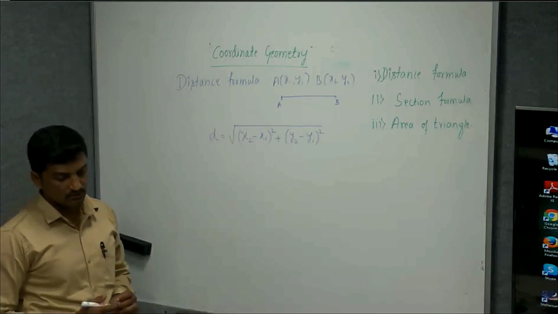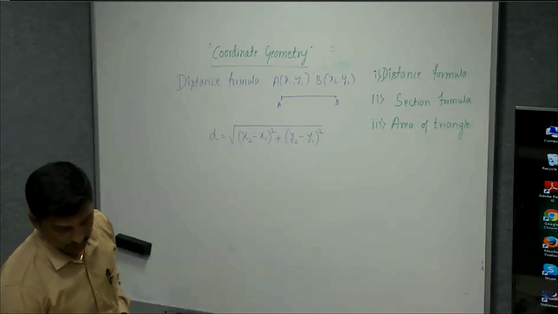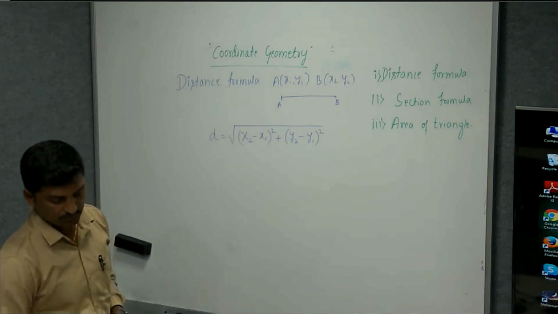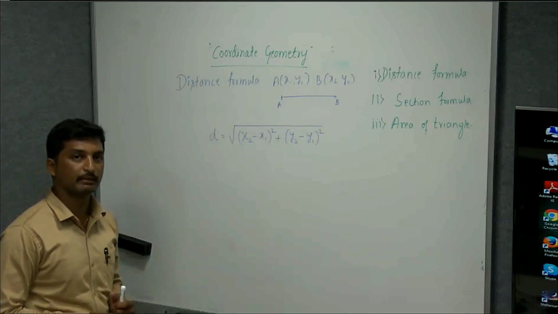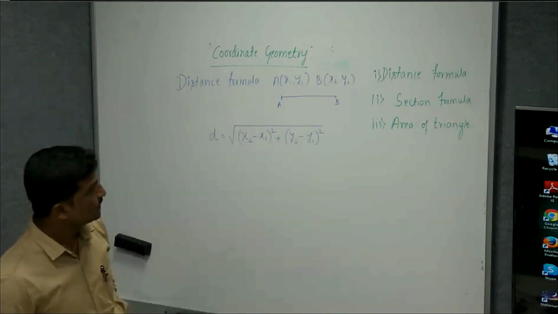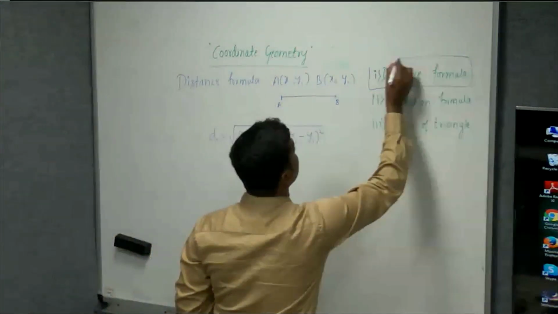Now, we will see what are the different kinds of problems we are going to see in this one. Let us take a very simple problem. Please solve along with me. Get ready with your paper and pen. First we will discuss distance formula. Here we go.